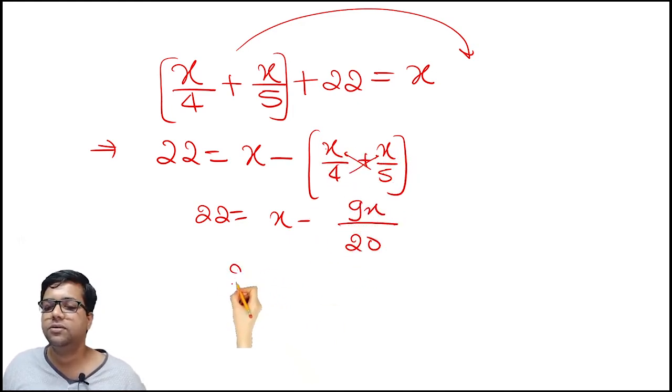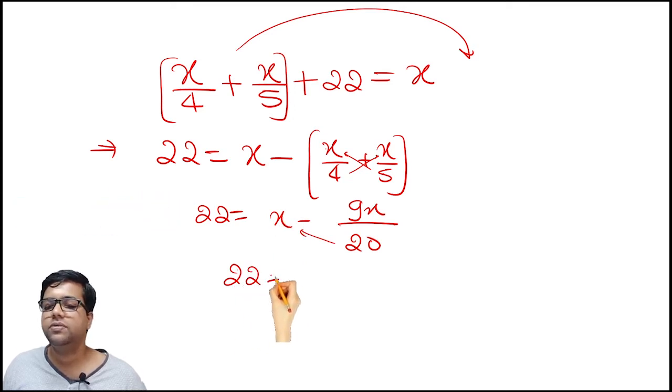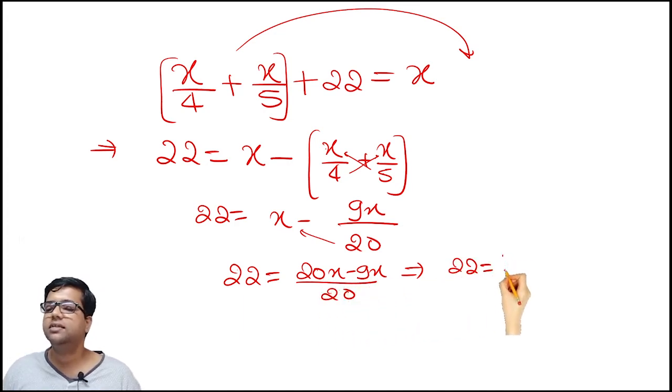Further you will multiply 20 to subtract 9x from 20x. So 22 is equal to 20x minus 9x by 20, which implies 22 is equal to 11x by 20.